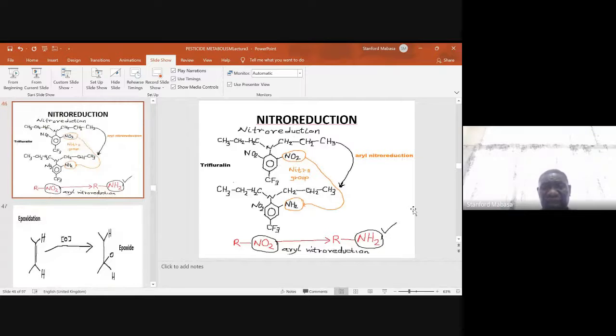For example, like on this herbicide, trifluralin, with these nitro groups, two nitro groups, which can actually be converted to an amine. This is a nitro reduction. We can simplify it like this, where we have the nitro group being converted to an amine.